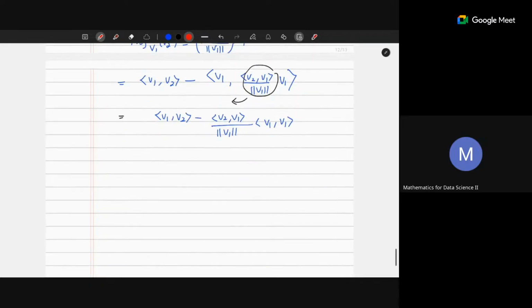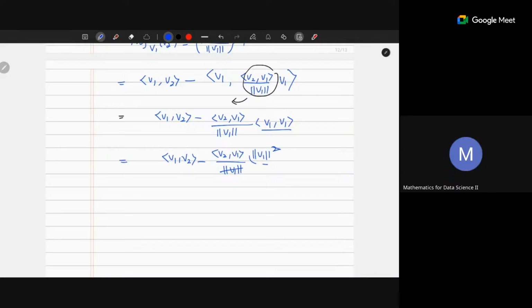But there is some computational error I can notice here, because this is norm of v1 squared, and this is norm of v1. I was supposed to get rid of this, and it should have been zero.